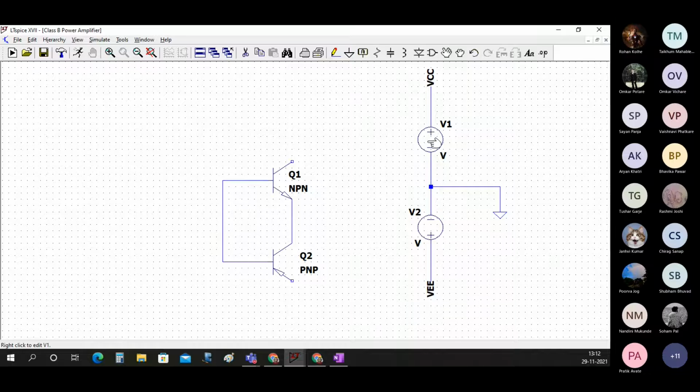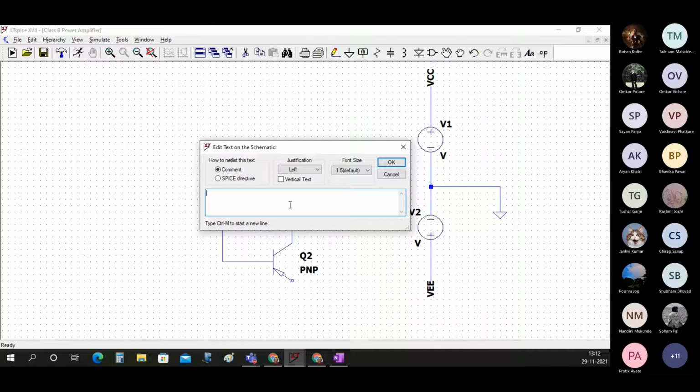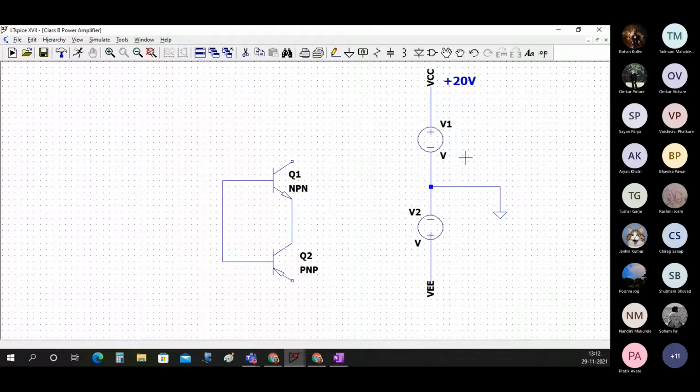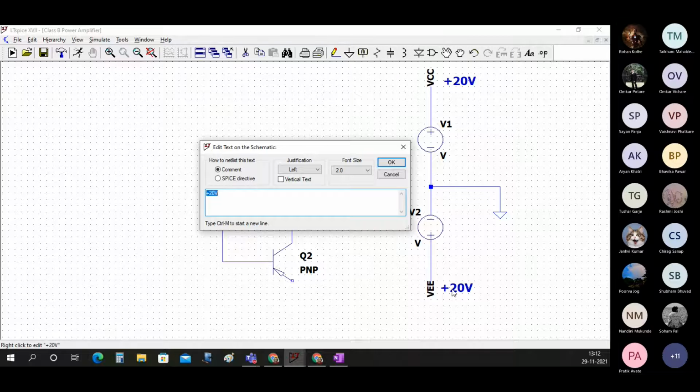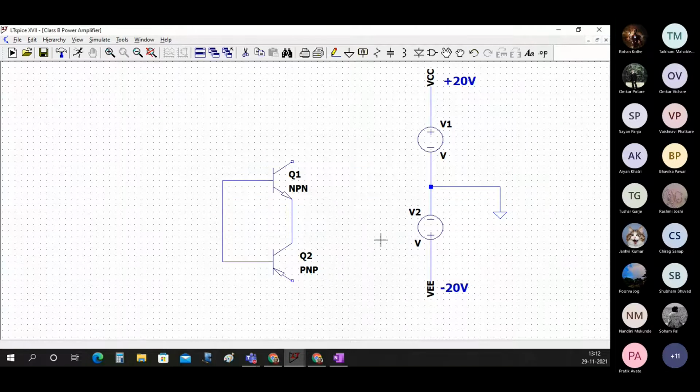Now why are we doing this? Because here I want plus 20 volts. So here we want plus 20, and here we want minus 20. Okay.